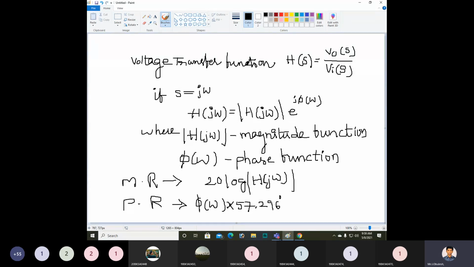So this is the introduction of filters. In the next class we will discuss the first order low pass filter, in the third hour.